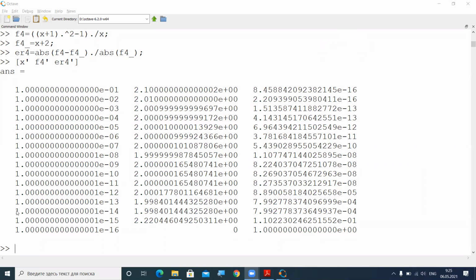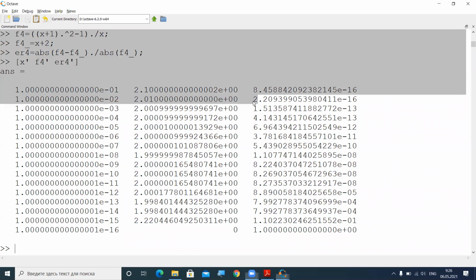Is it clear? Yes. Again, the same. Here we have x, here we have corresponding functions for F4 and the corresponding relative errors. You can see the relative error here also increased. This one is very close to machine precision when x equals 10 to the power of minus 2, so 0.01.